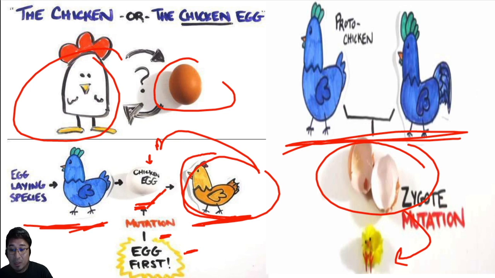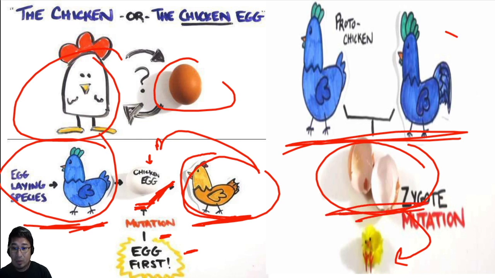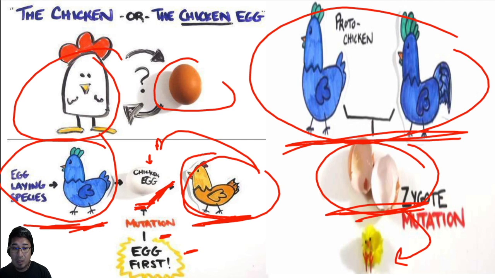Hindi mo pwedeng masabi na nauna yung itlog without this major premise. So, ibig sabihin, the reason why we have the conclusion that the chicken goes secondary is because of the inference that I made in my argument na egg, saan nanggaling yung egg dito sa prototype chicken na to. So, this is an example of an inference that I can use in an argument.